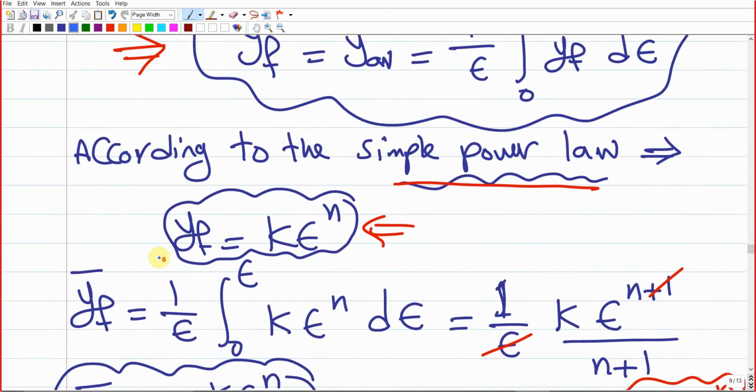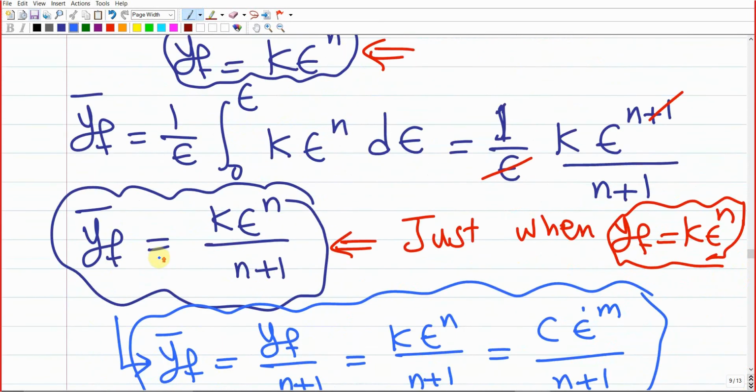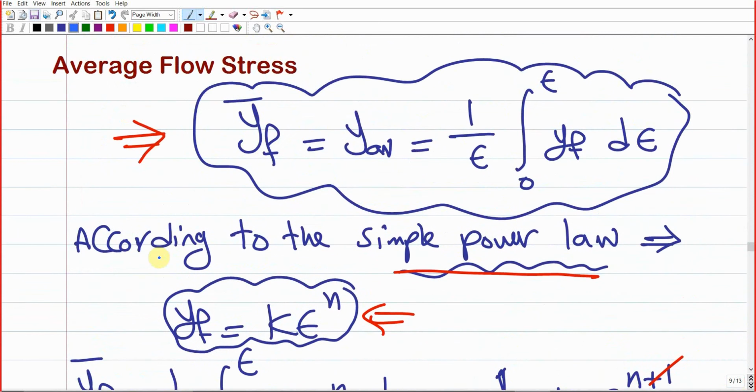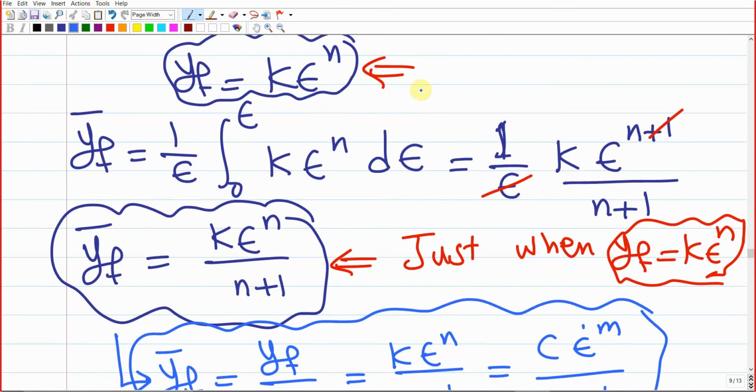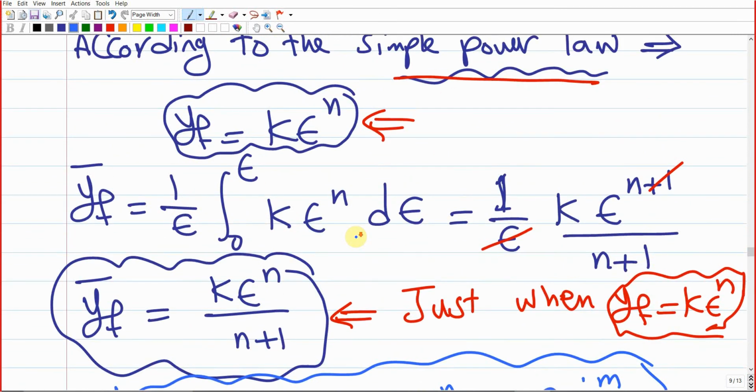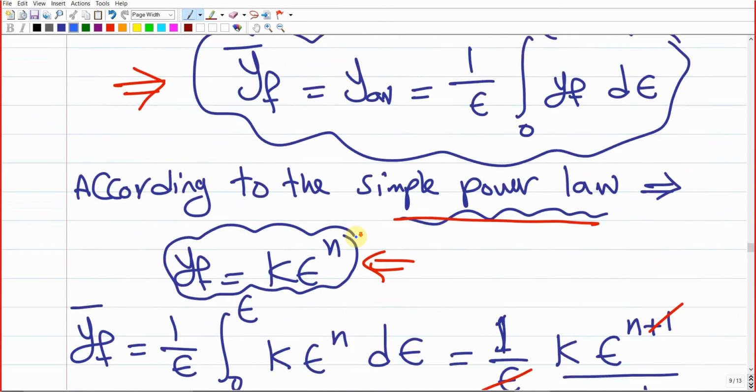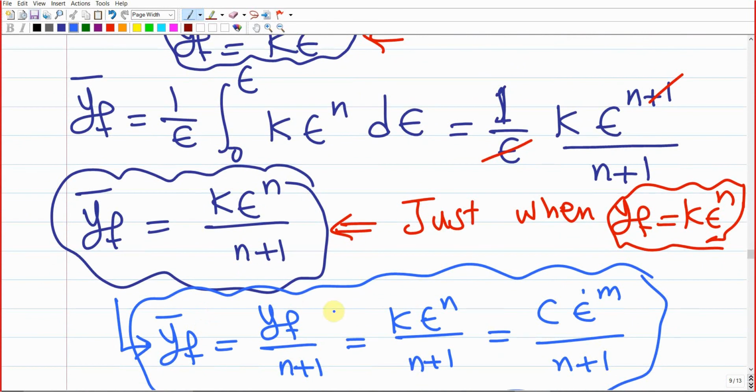Again, this is the average flow stress according to the simple power law. If there is another formula for the average flow stress, different from this one, we have to use the general integral form and do the integration from scratch. But if we are already working with the simple power law, there is no need to do the integration. You can directly use this equation.